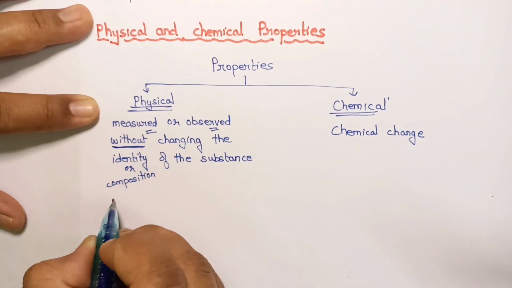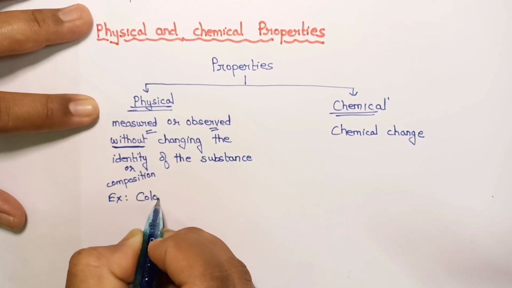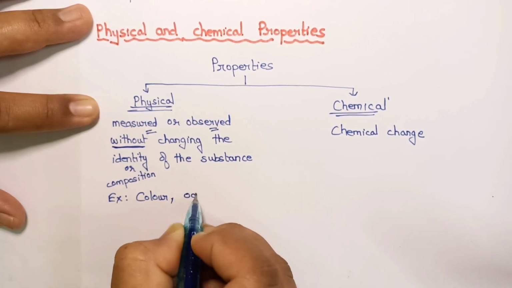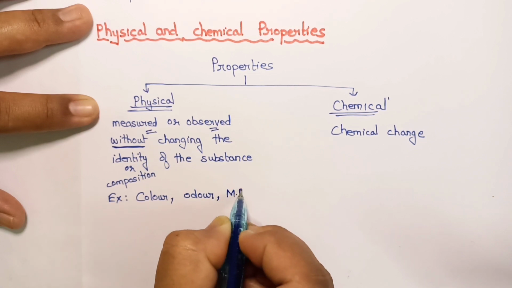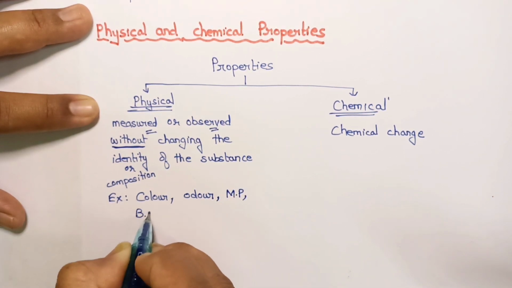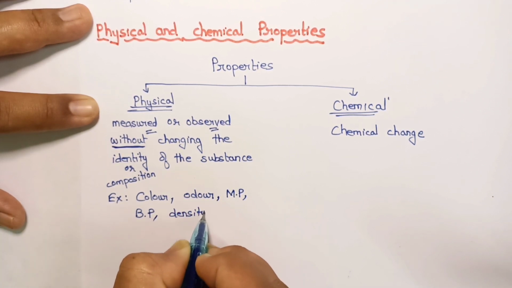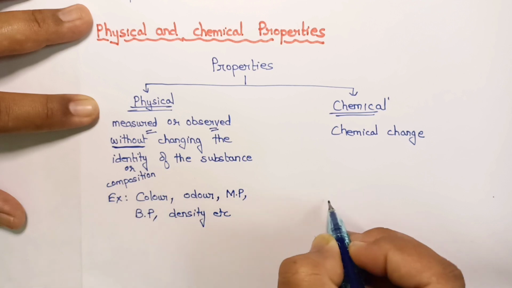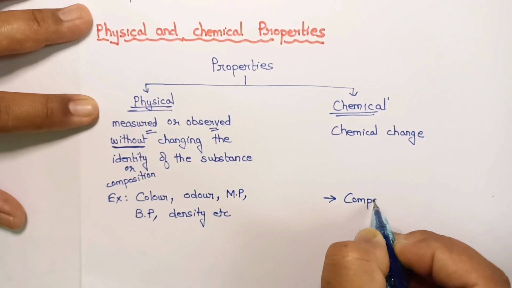Examples of physical properties are color, odor, odor means smell, melting point, boiling point, density, etc.